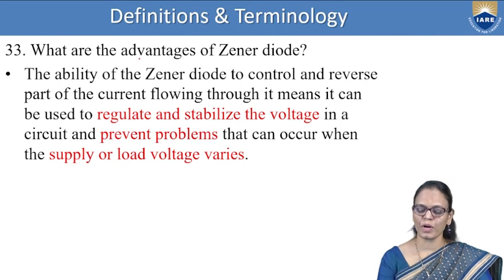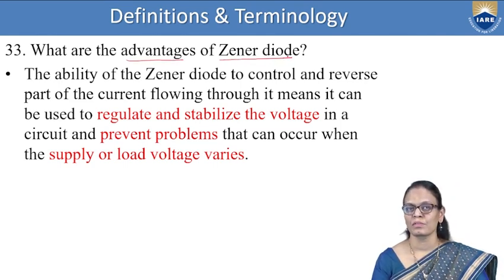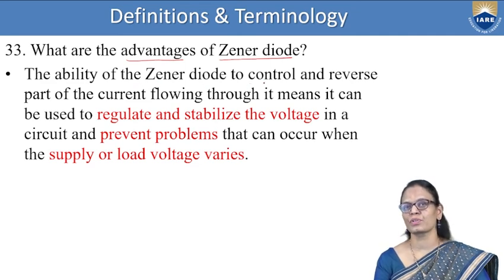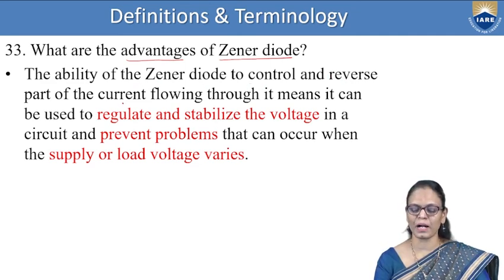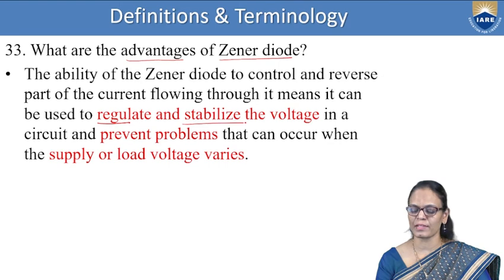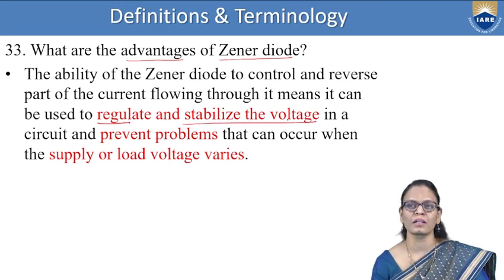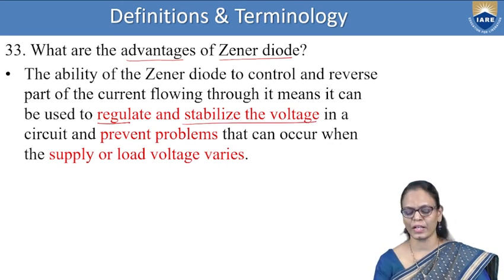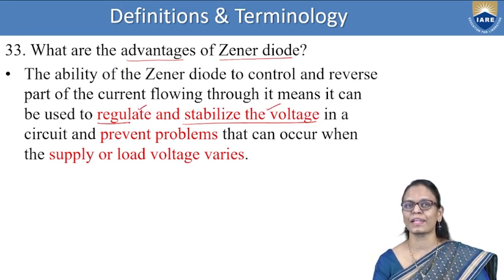Next, what are the advantages of a Zener diode? The ability of the Zener diode to control and reverse part of the current flowing through it means it can be used to regulate and stabilize the voltage. Wherever there are excess voltages, it will regulate and stabilize the voltage.